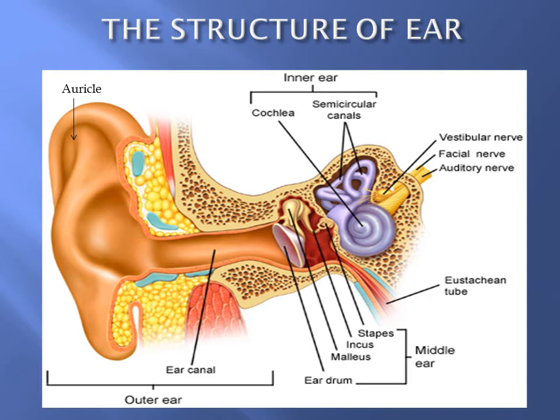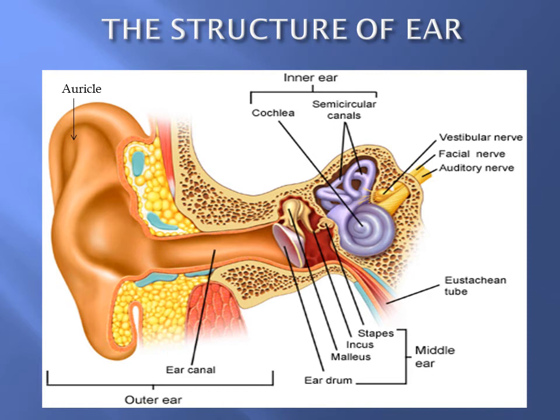The inner ear has both hearing and balance organs. The hearing part of the inner ear is called the cochlea. It comes from the Greek word for snail because of its distinctive coil shape. The cochlea contains thousands of sensory cells called hair cells.